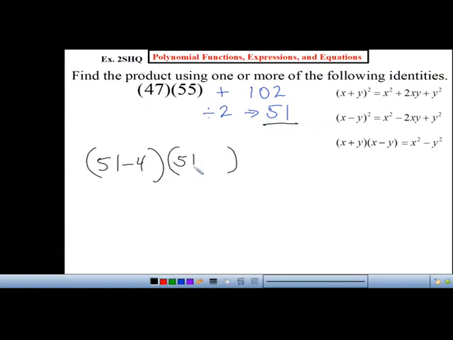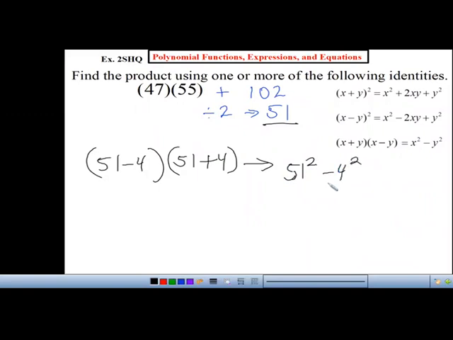So what is the other one? 51 plus 4. Thank you. All right. And what is our product? Pass someone, Bianca. Hasil. 51 squared minus 4 squared.